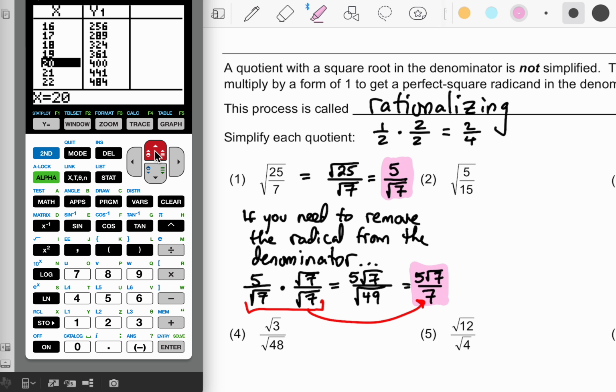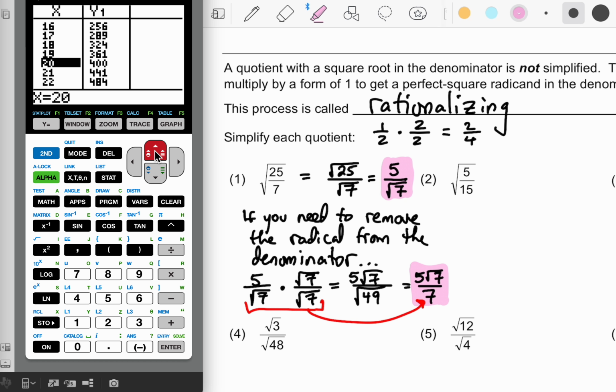The one with less stuff. But some people define a fraction as being simpler if it doesn't have a radical in the denominator. That's not correct. So it's just the way the Regents does it, and that's the way they expect it. So we have to kind of do it the wrong way for a little while.